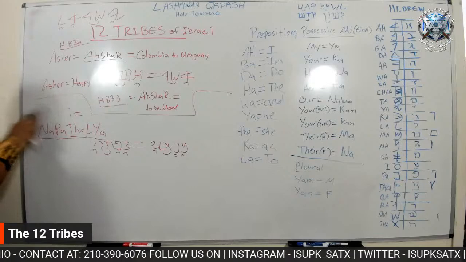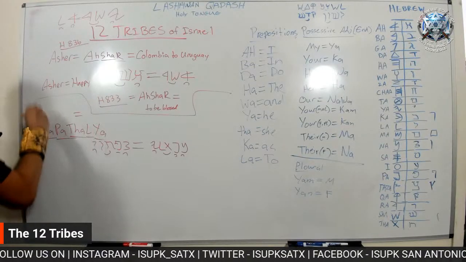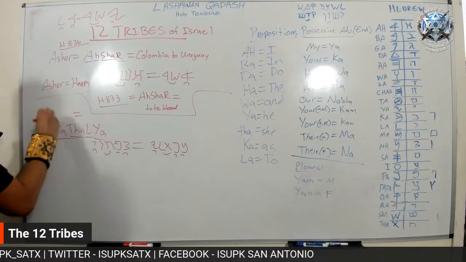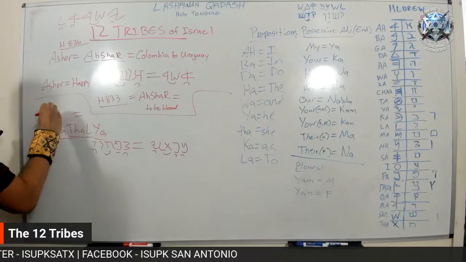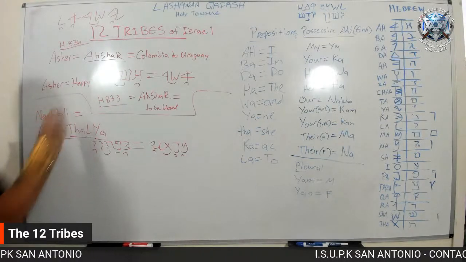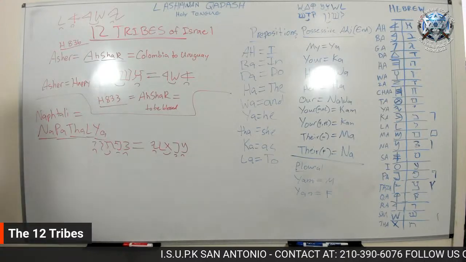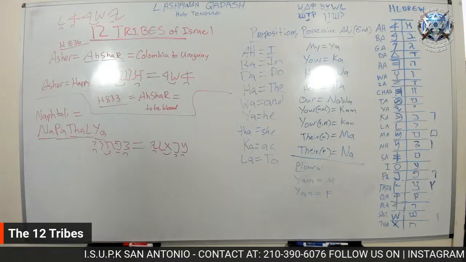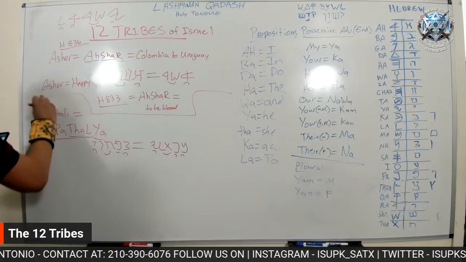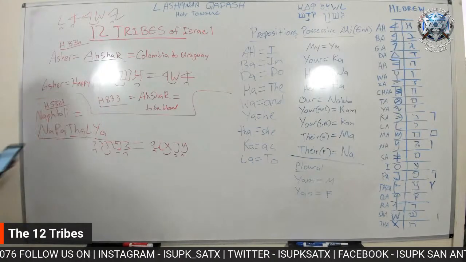All these years, I've been spelling it weird. Look, in the Bible it spells it like this: Naph Tali. My apologies. I guess that's dyslexia or something. But that's going to be H5321. So Naph Tali.